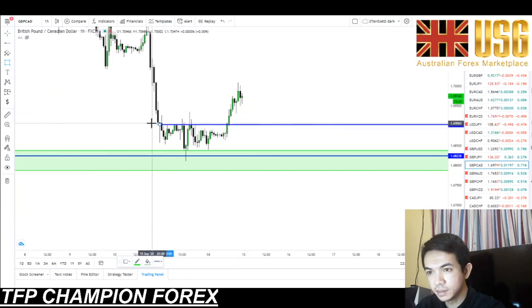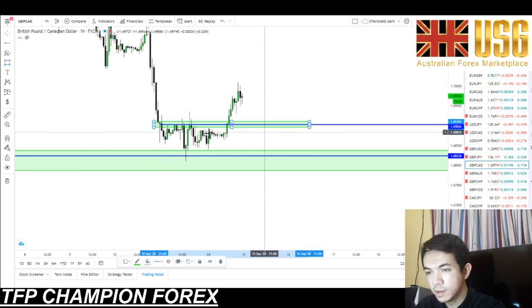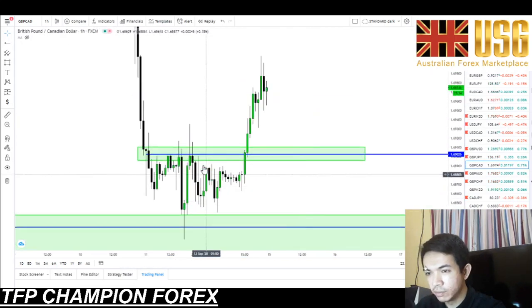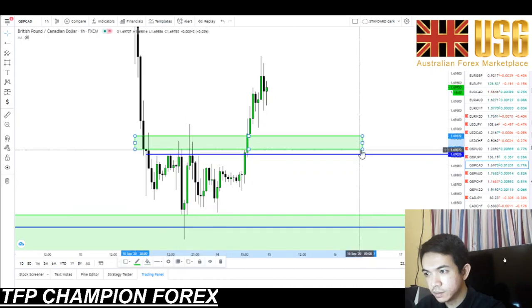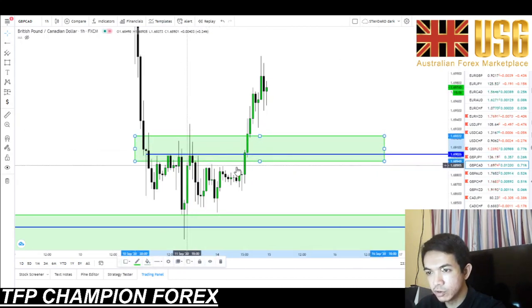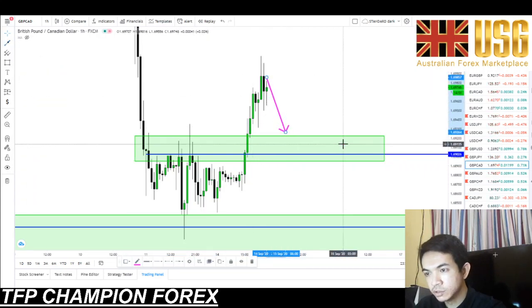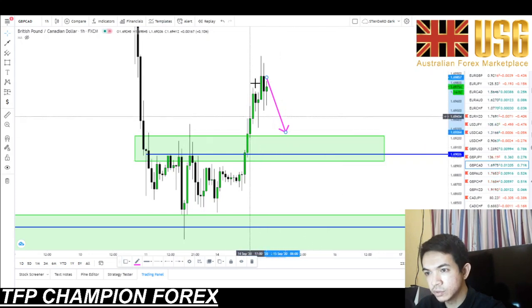Again, the price broke structure of previous, wait, I'll just zoom in. The price broke structure of previous resistance, which now becomes support. So the price broke structure and now becomes previous support.